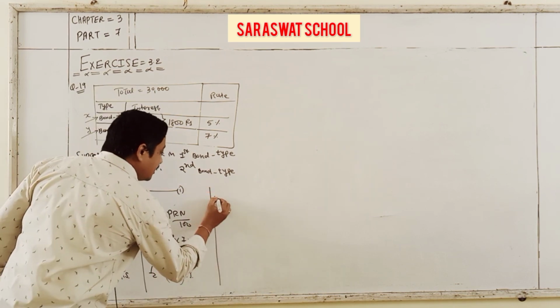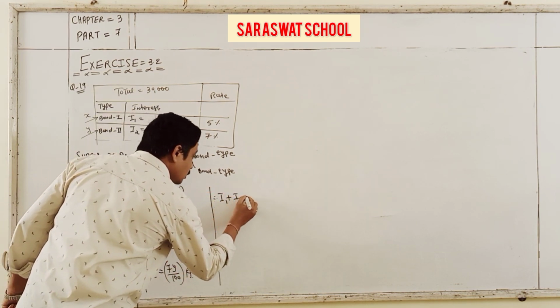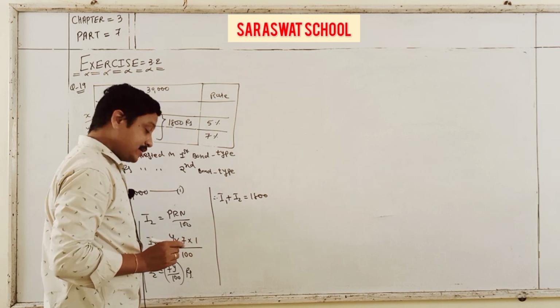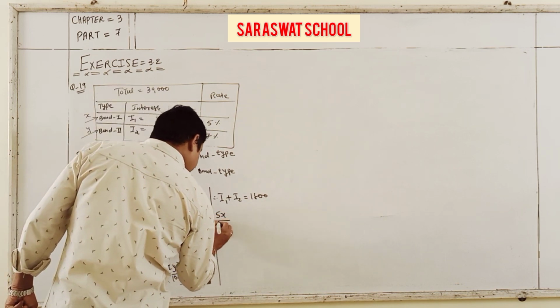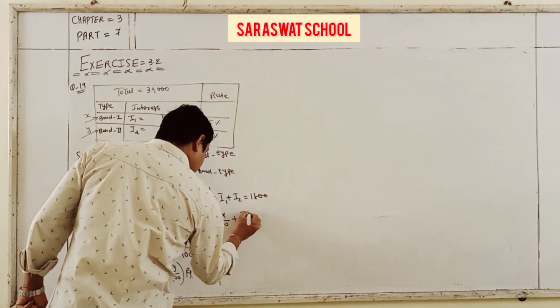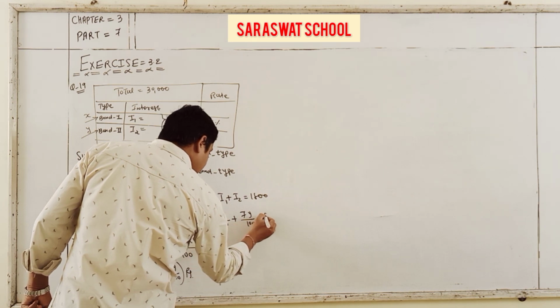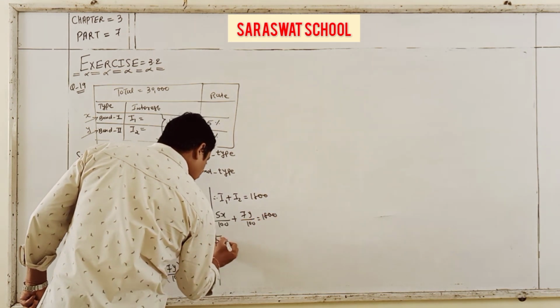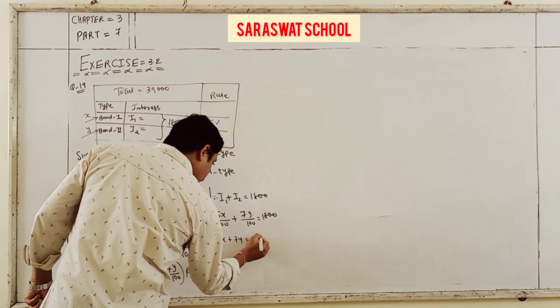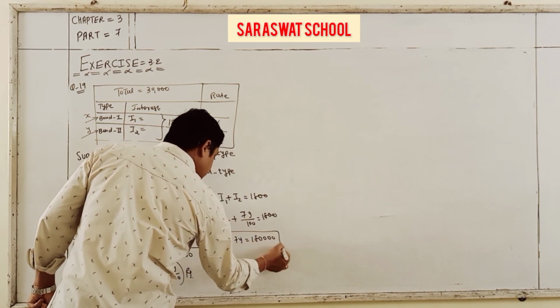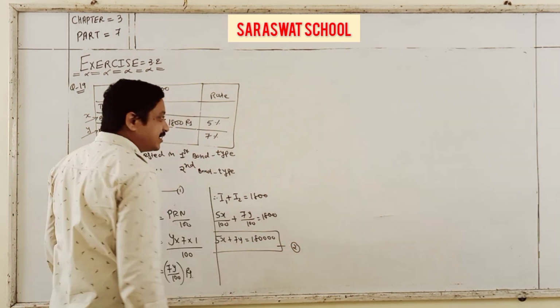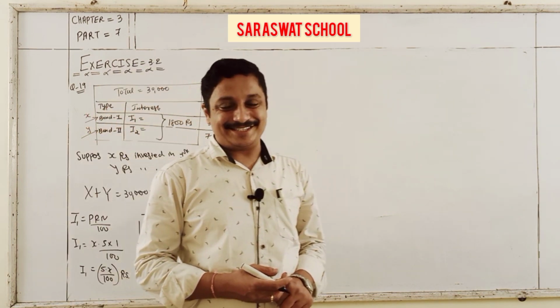So I write I1 plus I2 equals 1800 rupees: 5x by 100 plus 7y by 100 equals 1800. So 5x plus 7y equals 180000. This is statement 2.